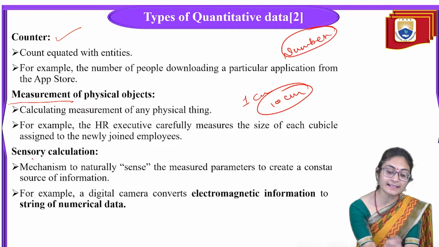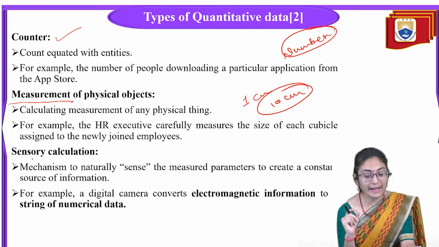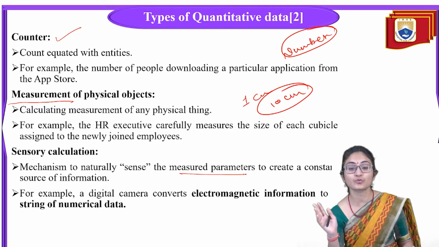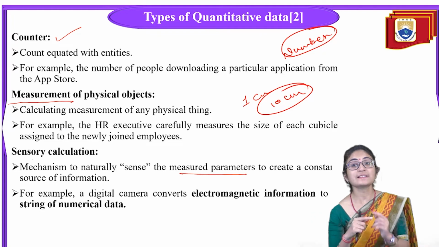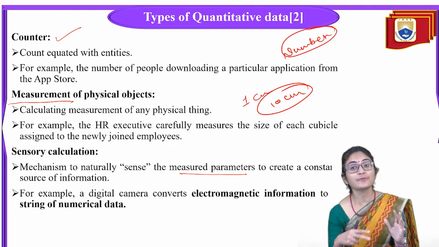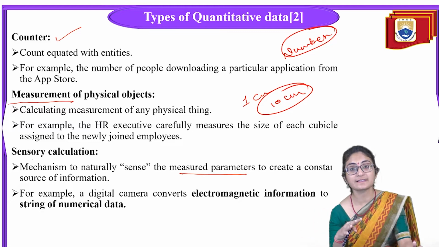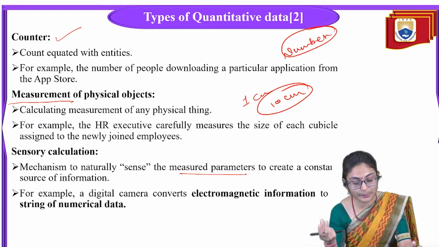Then sensory calculation. A mechanism to naturally sense the measured parameters to create a constant source of information. That means it will create constant information by using the senses, by using some measured parameters.